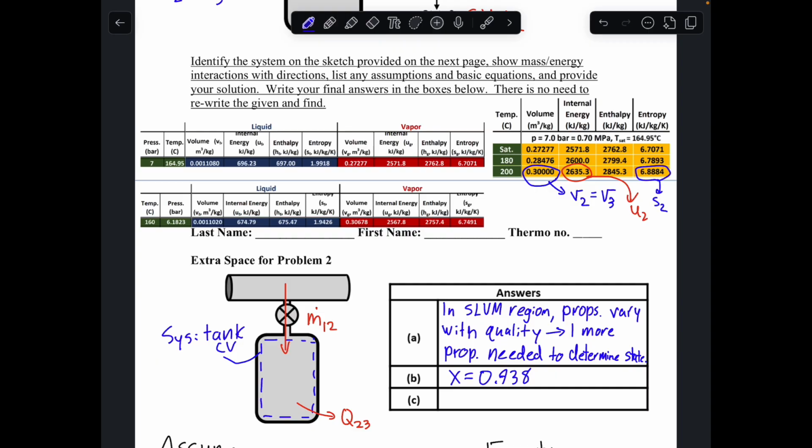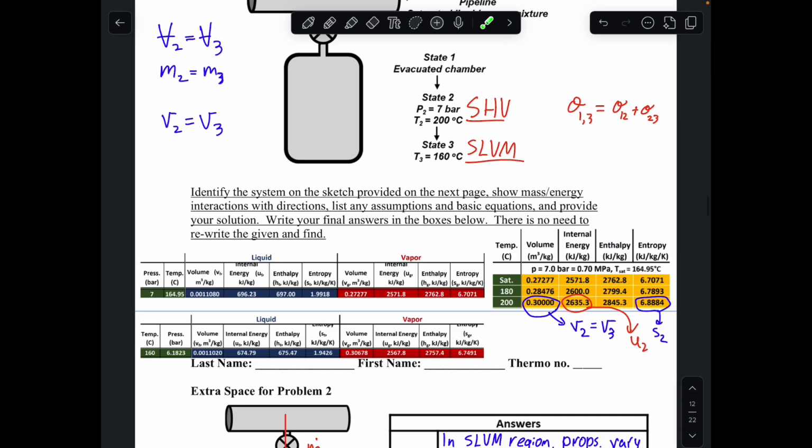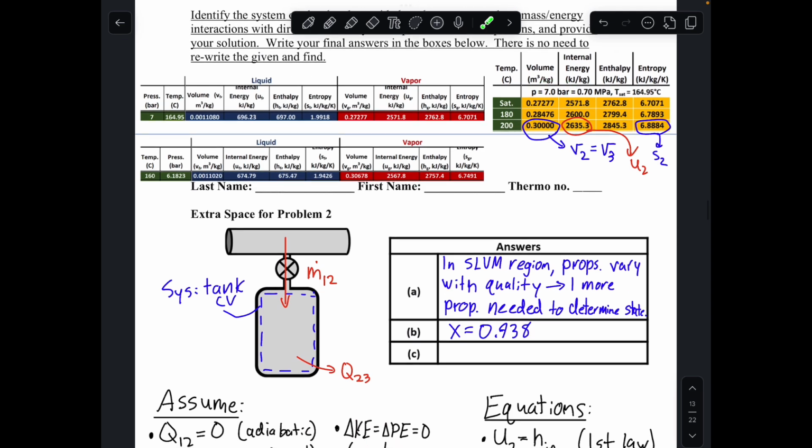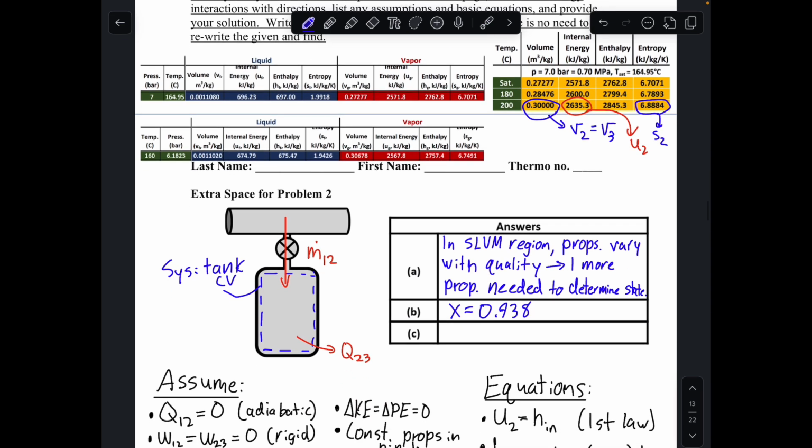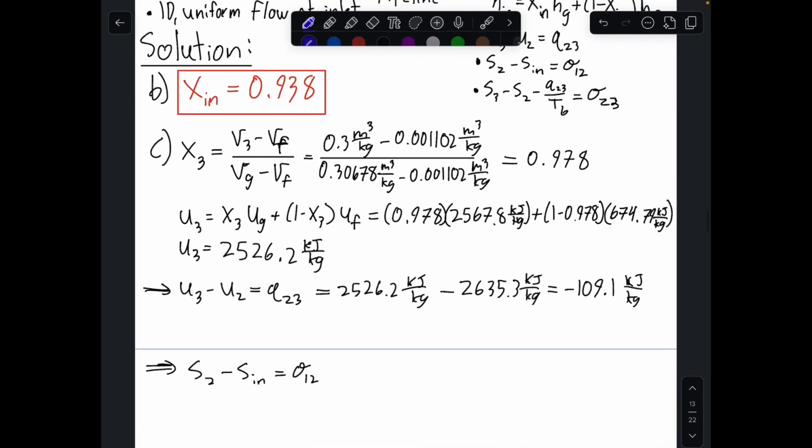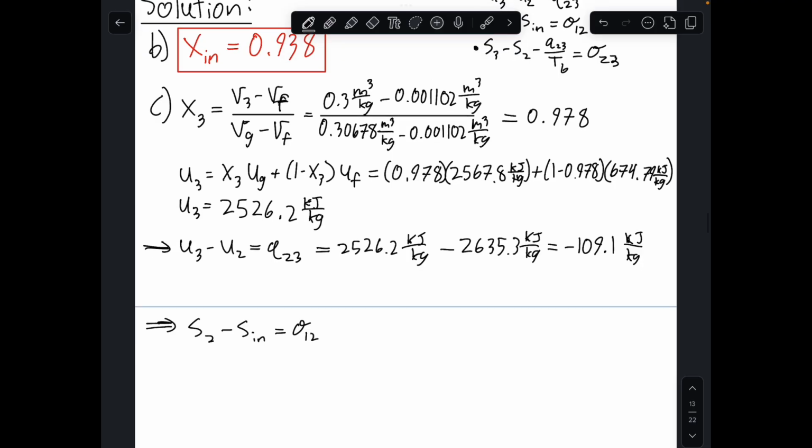This is our S2 value, because again, we're in this superheated vapor region here at this temperature and pressure. So that's 6.8884 kilojoules per kilogram Kelvin.